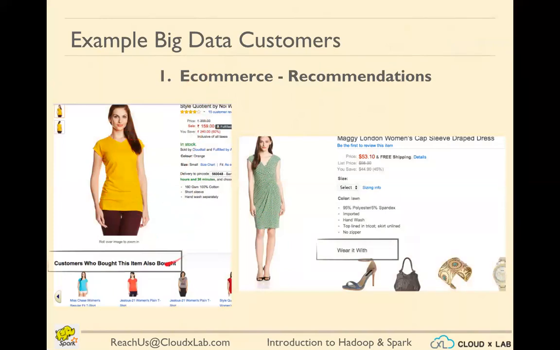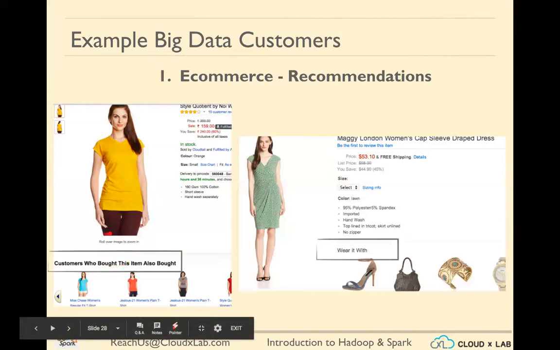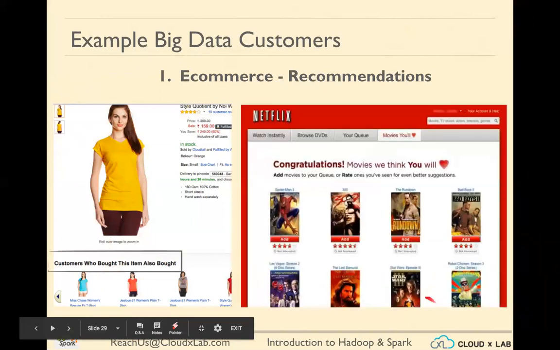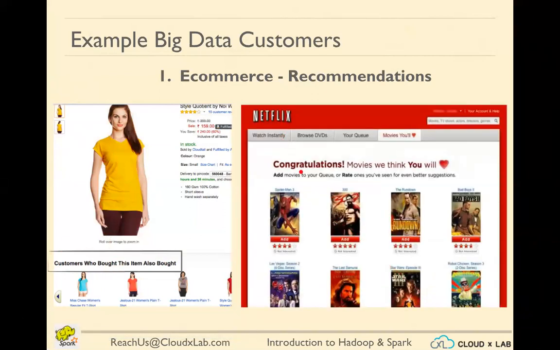And what you see here is it's giving a suggestion that people who bought this also bought these. And then there is another suggestion saying, wear it with these. And if you go to Netflix, it'll say, congratulations, movies we think you will love.